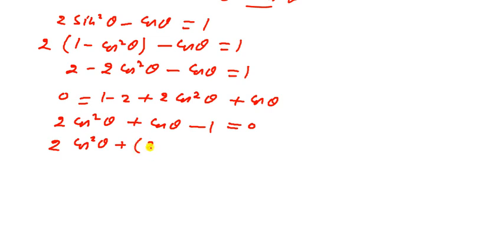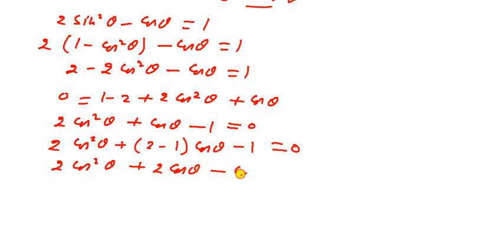So do the factors. 2 cos square theta, split the middle term. So it is 2 minus 1, 2 times 1 is 2, that is the cos theta, and minus 1 equal to 0.